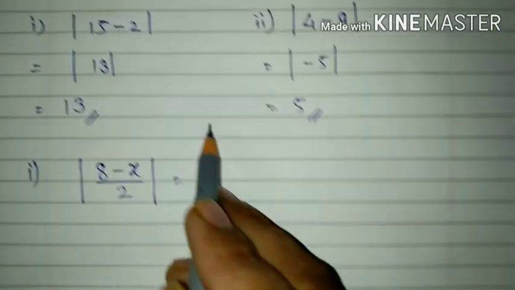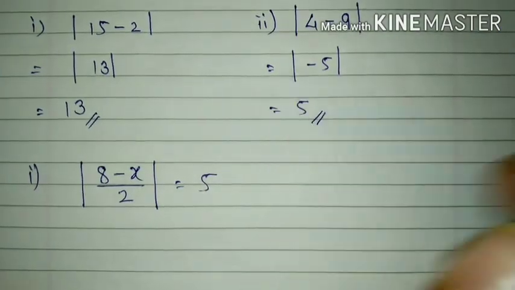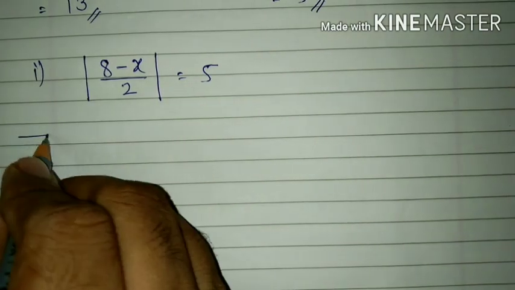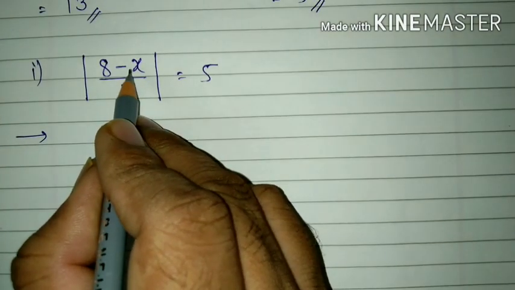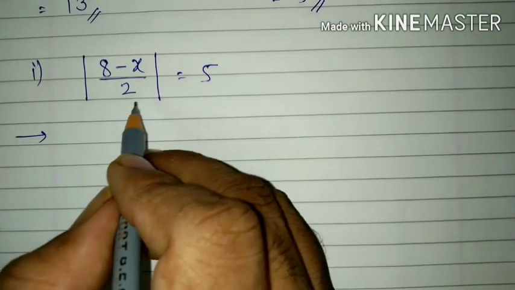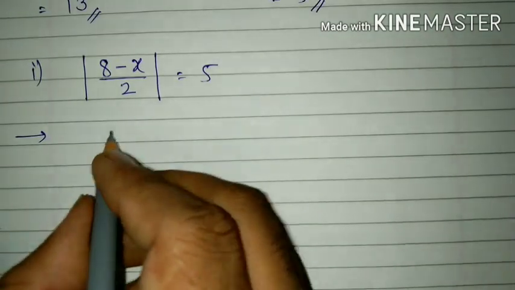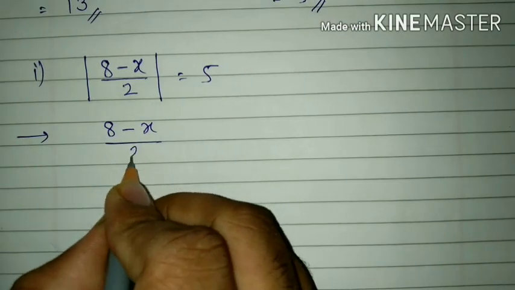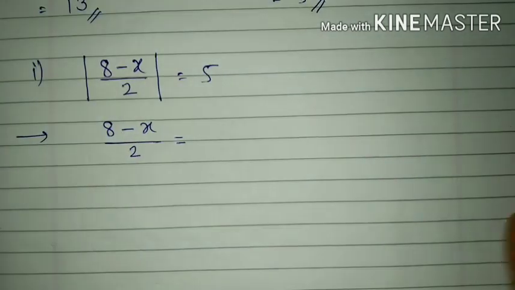रिमेंबर, इसके पहले नंबर्स को मॉड थे तो हमने डायरेक्ट मॉड निकाल दिया, साइन निकाल दिया. पर यहाँ पे ऐसा नहीं होगा. अगर यहाँ पे मॉड निकालना है तो मॉड के अंदर there is a variable. If there is a variable in the mod, तो इसको निकालने का प्रोसेस इस फॉर्म में 8 minus x upon 2 is equal to, what will be the next term?